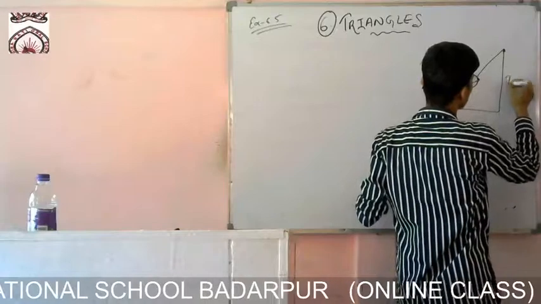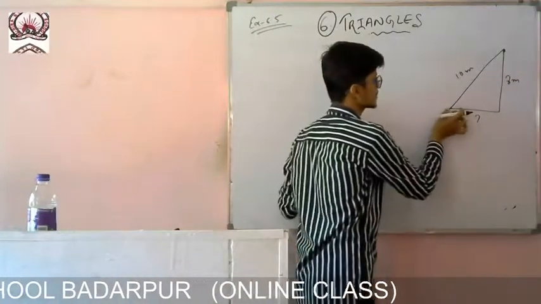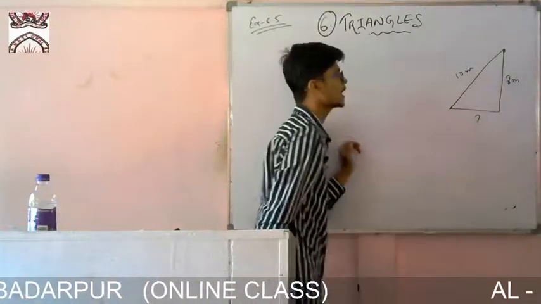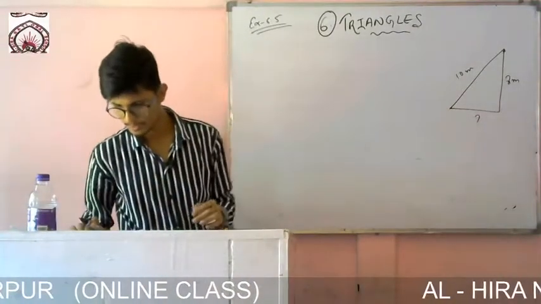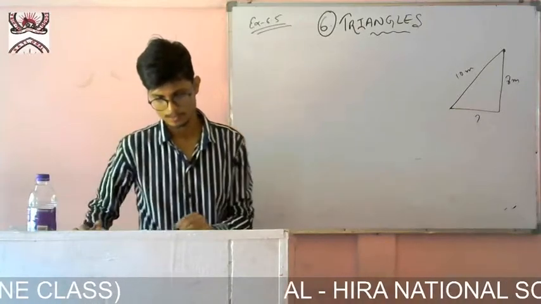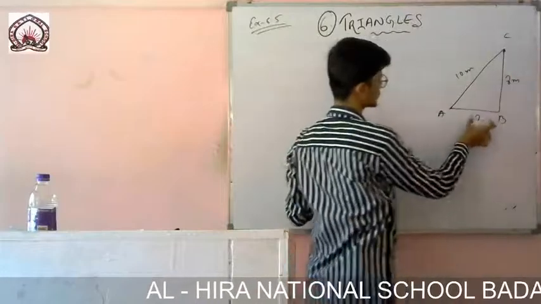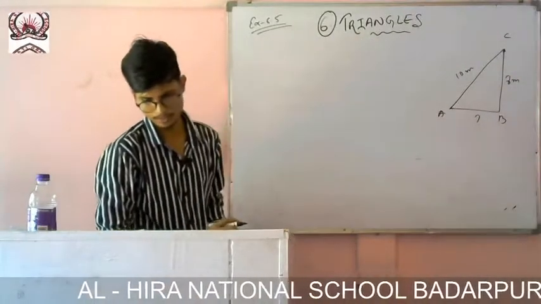The window is 8 meter above, so I have to find this side, the base, that means the distance between the foot of the ladder and the wall. So let me name them A, B, C. This one I can easily find by using Pythagoras theorem.